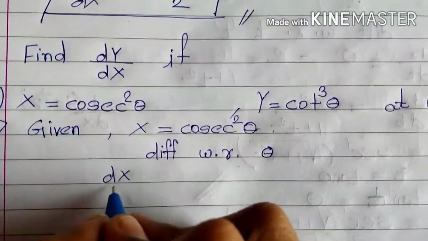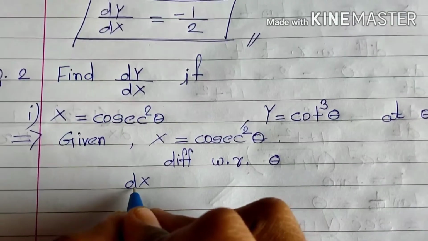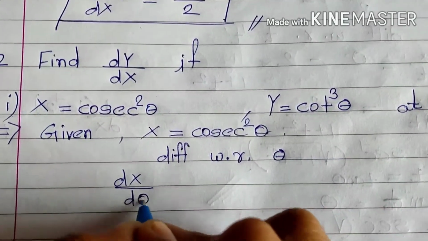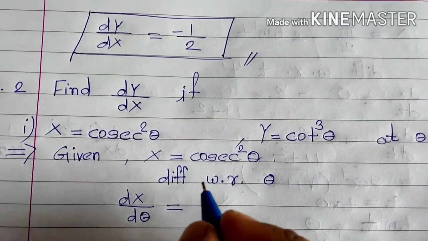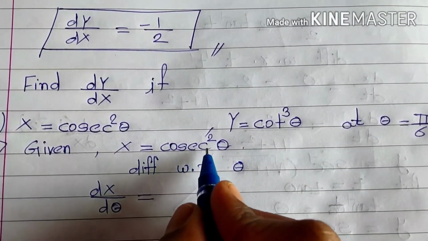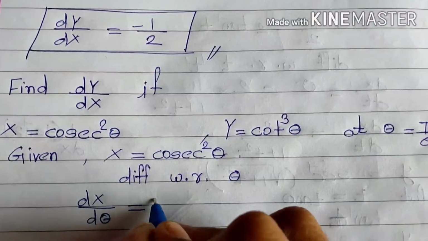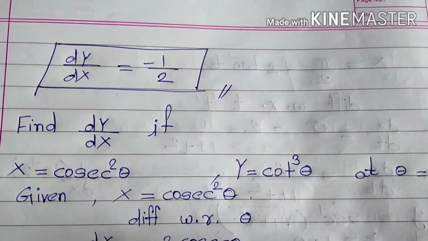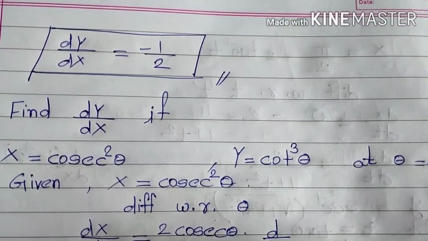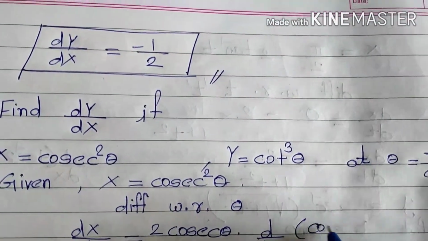dx upon d theta is equal to the differentiation of cosec square theta, which is 2 cosec theta and the derivative of cosec theta.